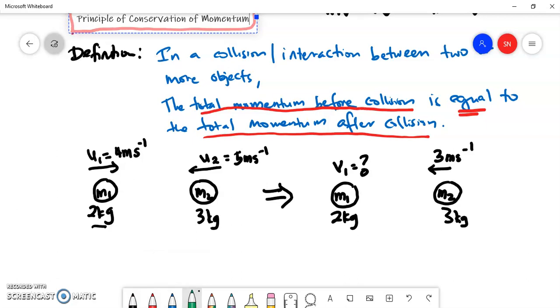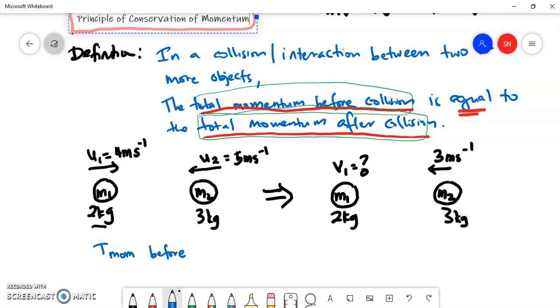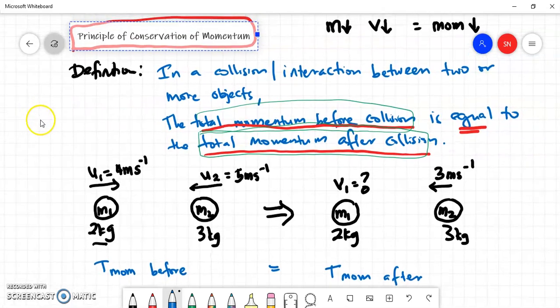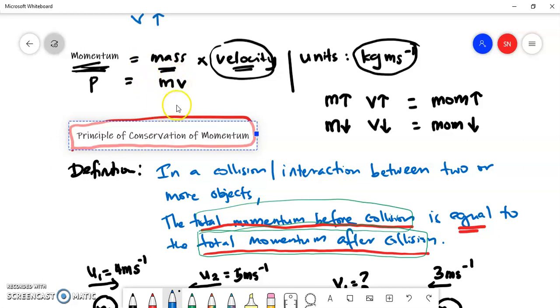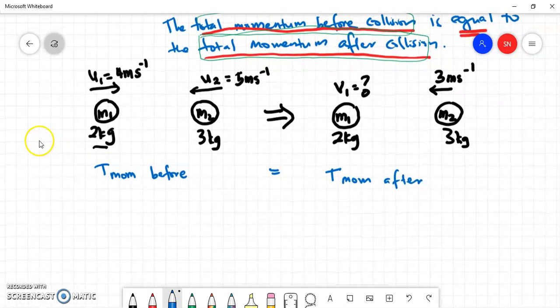Now the whole concept is based on total momentum before the collision being equal to total momentum after collision. Let me write it down here. Total momentum before is equal to total momentum after. The formula for momentum, as we looked at earlier, is mv, mass times velocity, so we are going to use that.